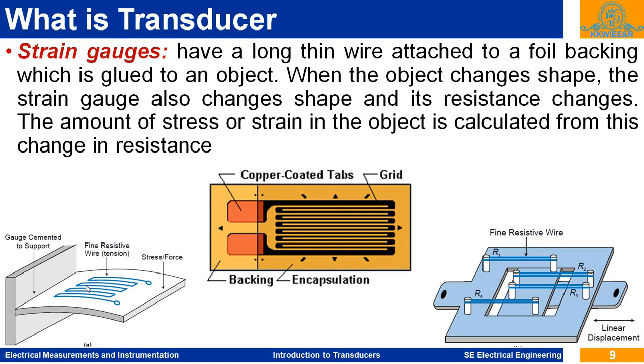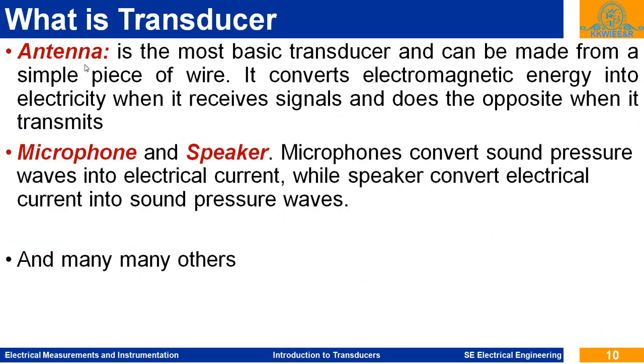In this way, with the help of the change in resistance of the wire, we convert it into an electrical signal, and the scale of this voltage is adjusted so that we can directly get the displacement or the force. So the strain gauge is used for the measurement of stress, force or linear displacement.